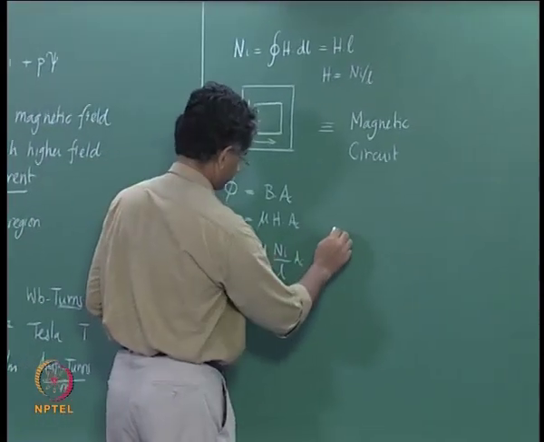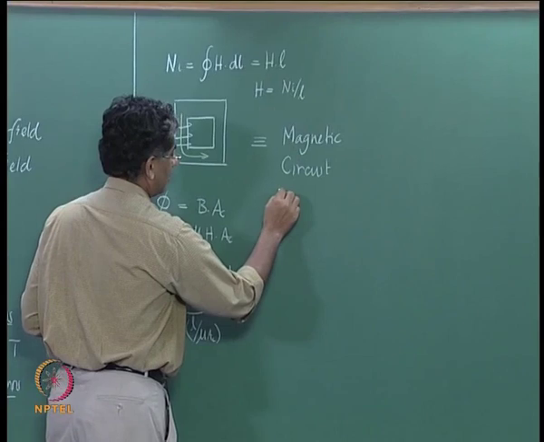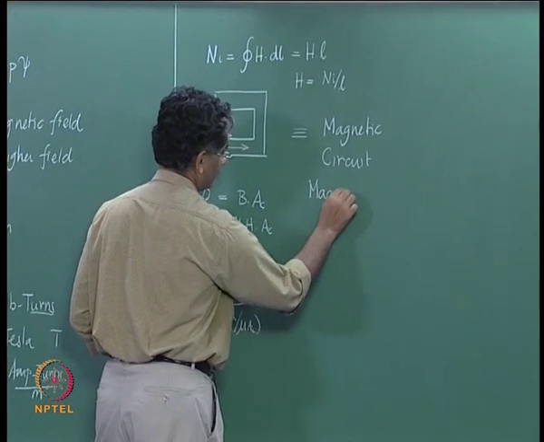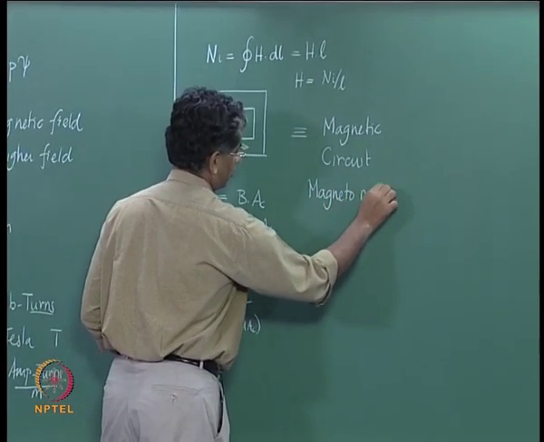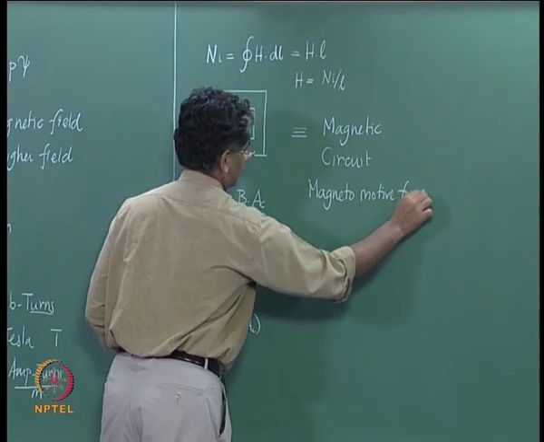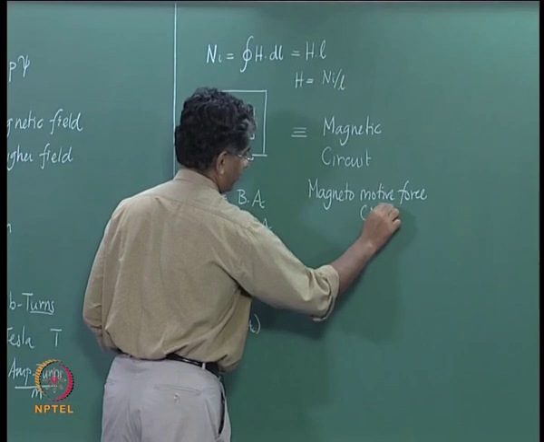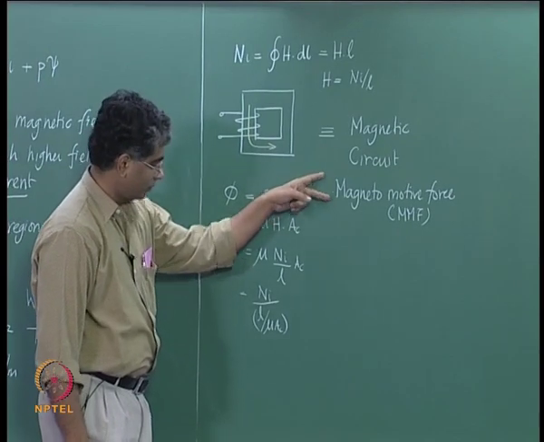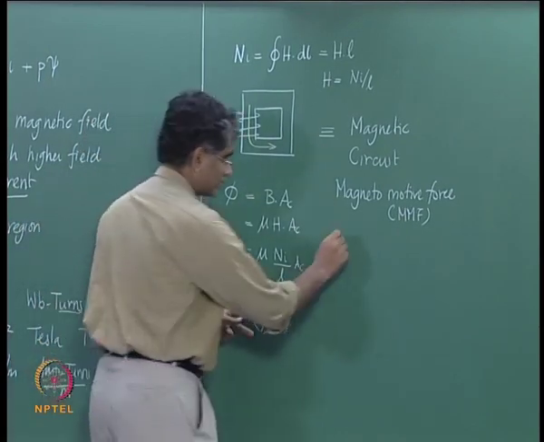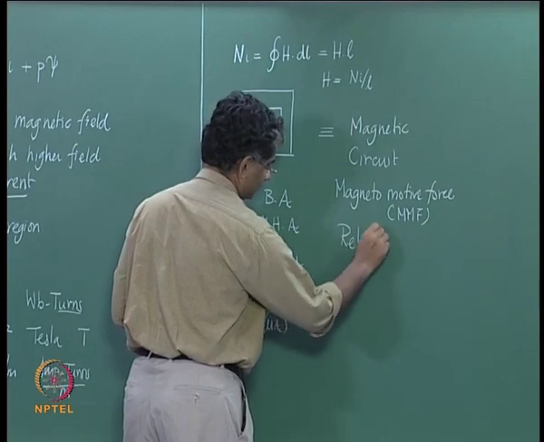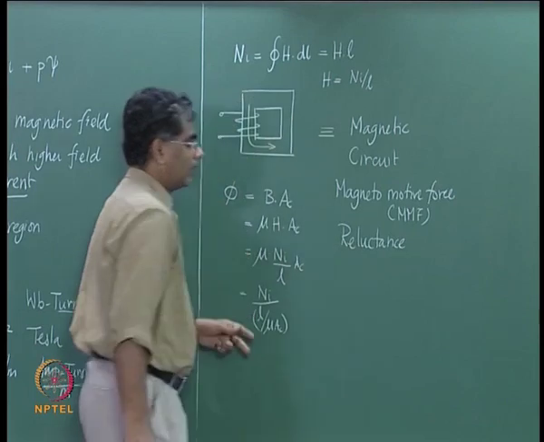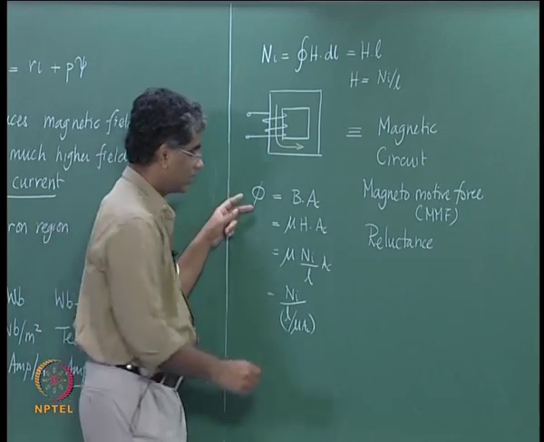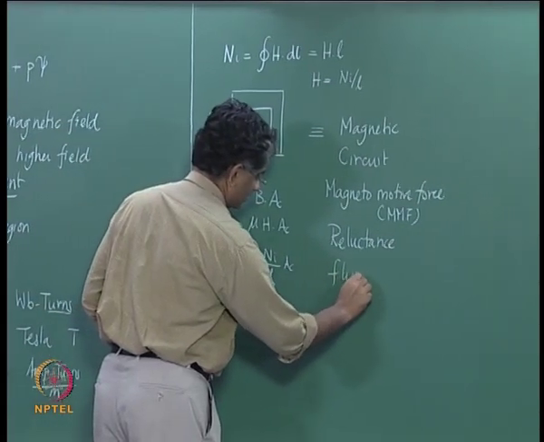So now in this, the excitation source is known as magnetomotive force, which is MMF, and this magnetomotive force is applied across an entity which is called reluctance, and when magnetomotive force is applied across the reluctance, the ratio gives the flux that is flowing.